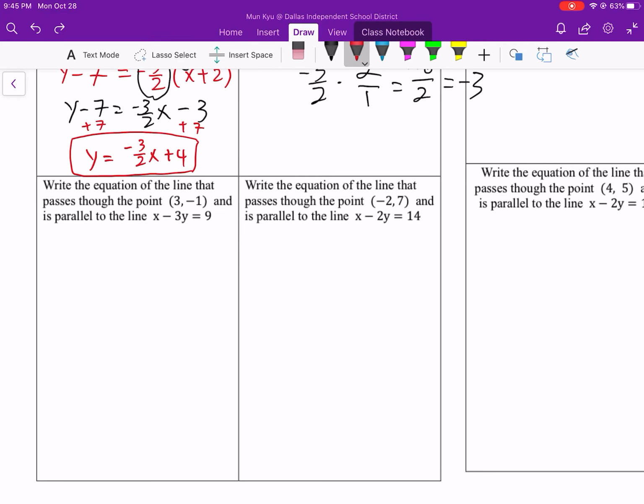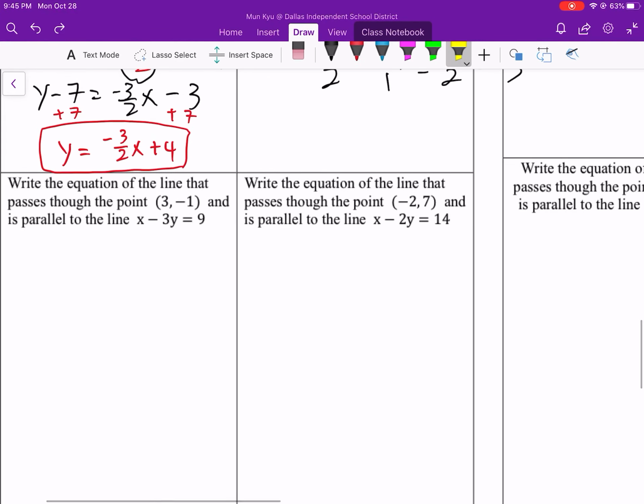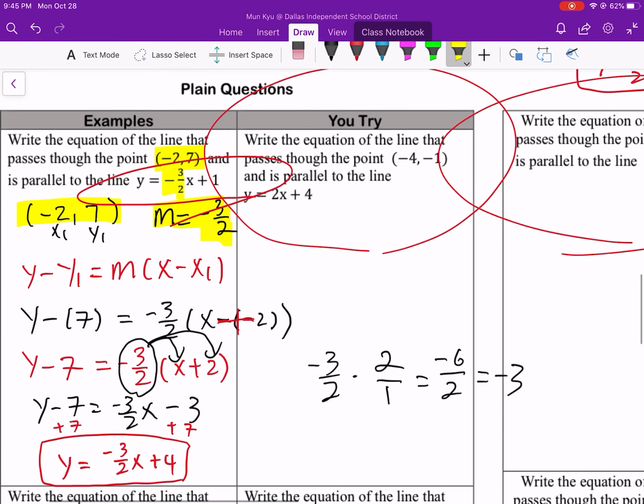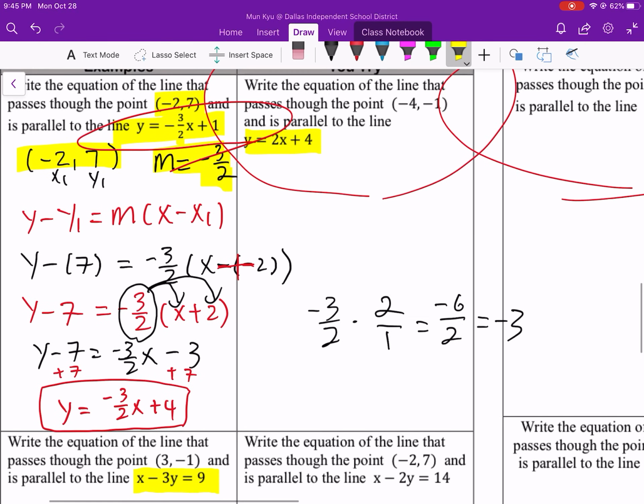Because if you notice, this is in standard form, unlike this one. Do you see the difference? This one has y equals something.